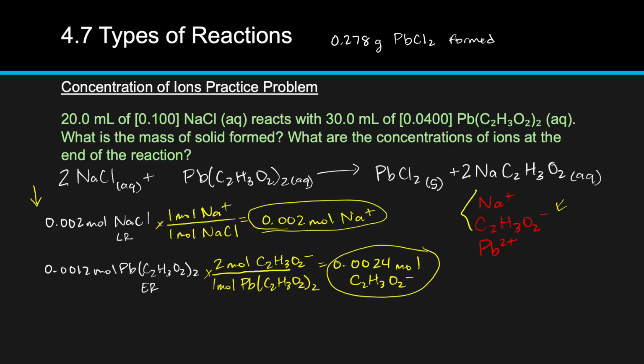And then for the trickier part, let's go ahead and try to find the concentration of Pb2 plus ions that are left over. So in order to do that, I'm going to take my actual amount of precipitate that I was able to make, which is 0.278 grams of PbCl2, and I'm going to convert that back into our reactant PbC2H3O2, and then get my actual number of Pb2 plus ions that were used, and then subtract that from our original.